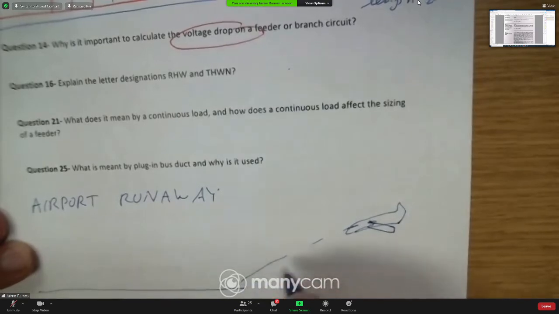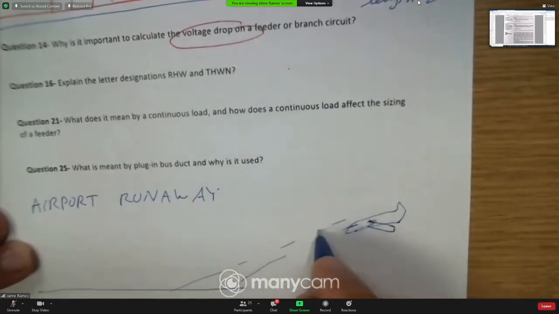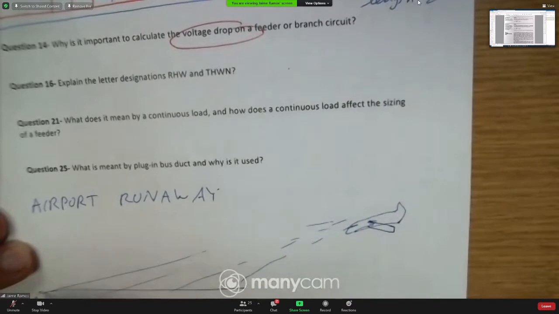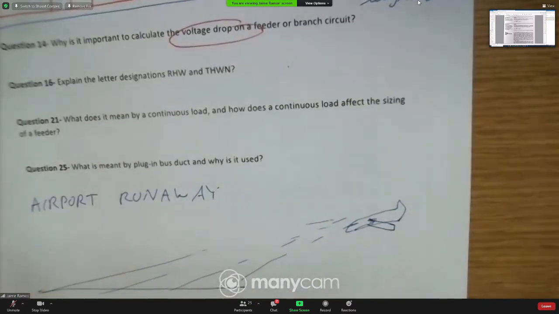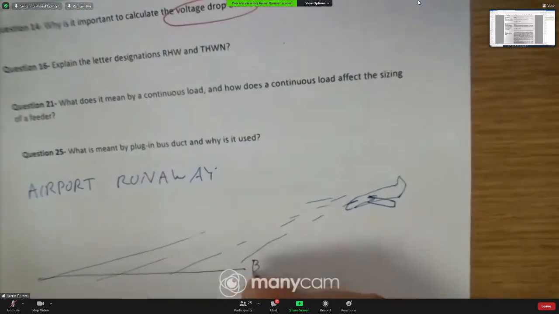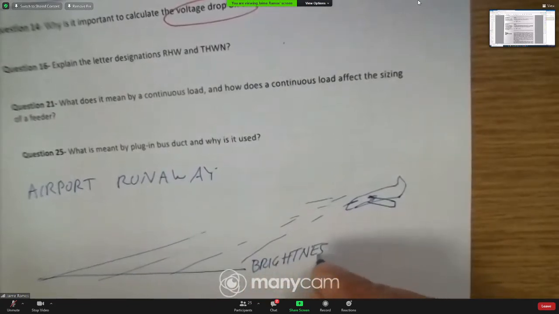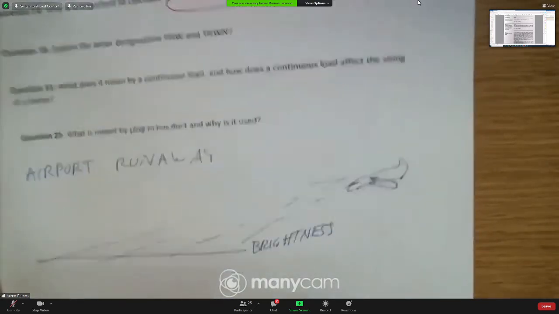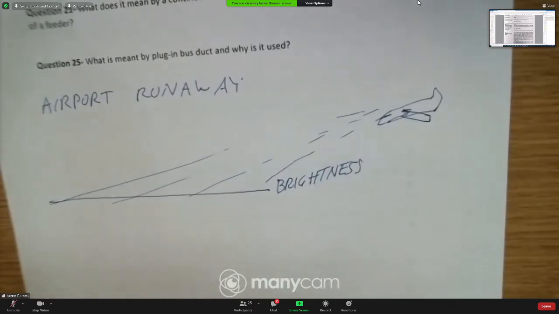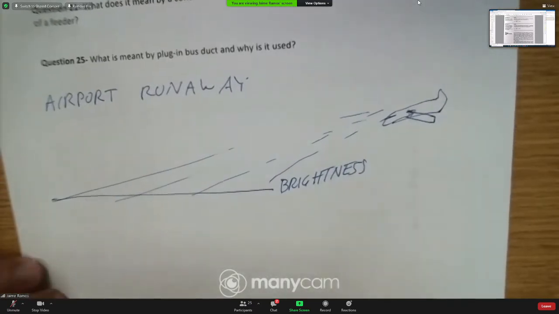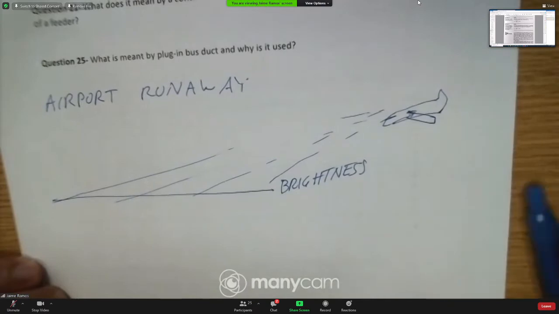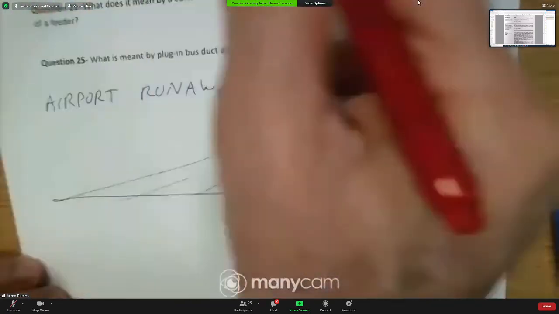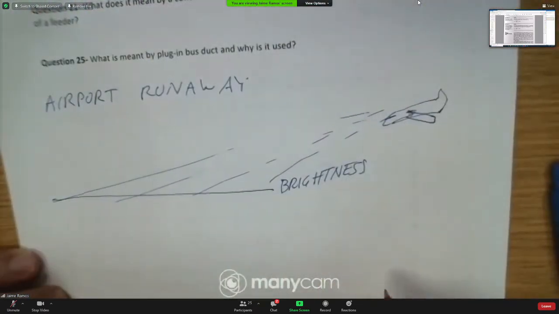So the pilot is coming, so the brightness of the lamp that he uses for distance. So then the voltage drop is important. And not only that, but also the connection.